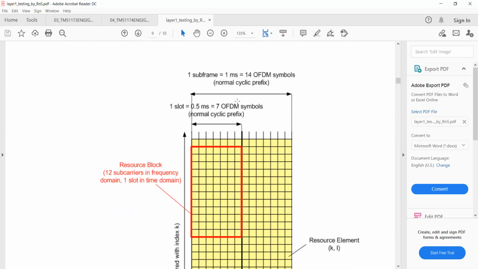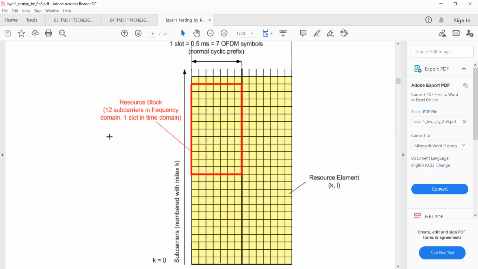We are taking here only one subframe, which is 1 millisecond duration. This is one time slot. The total is one subframe, 1 millisecond duration. We have divided it into half, 0.5 millisecond this side, 0.5 millisecond this side. Each time slot has 7 OFDMA symbols, 1, 2, 3, 4, 5, 6, 7. This also has 7 OFDMA symbols.